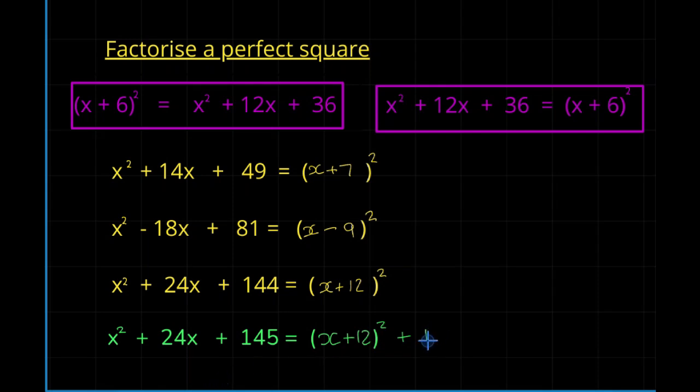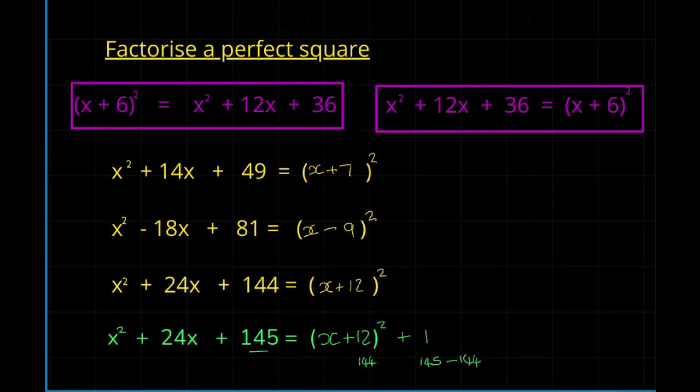So I'll add on 1 at the end. Now let's just be clear where that comes from. We need 145, but from the 12 squared we get 144. So we have to do 145 minus 144, giving the 1 that we add to the end of the perfect square.